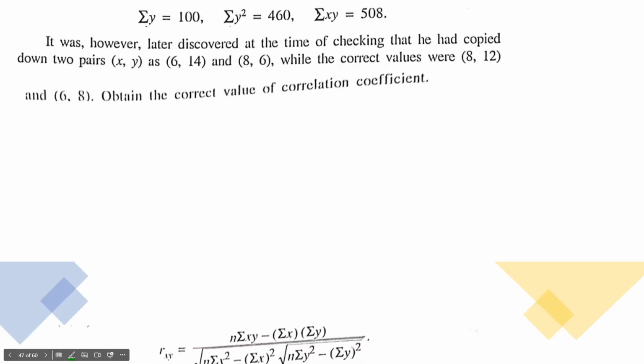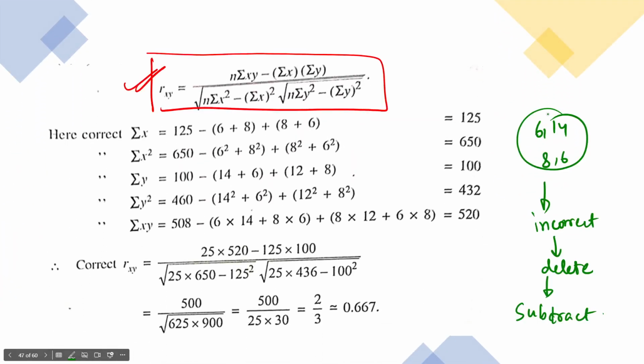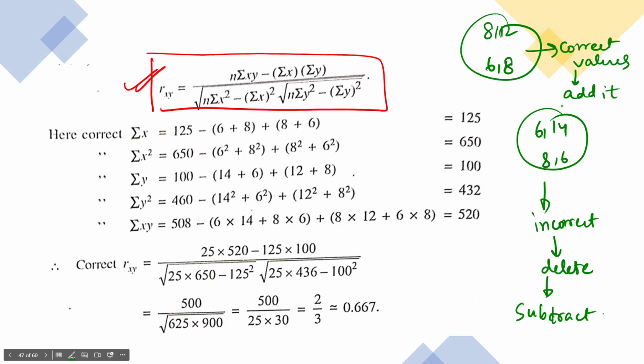Then the correct values would be 8, 12 and 6, 8. This is the correct value, so you have to add it. Mathematically speaking, again you have to add it.